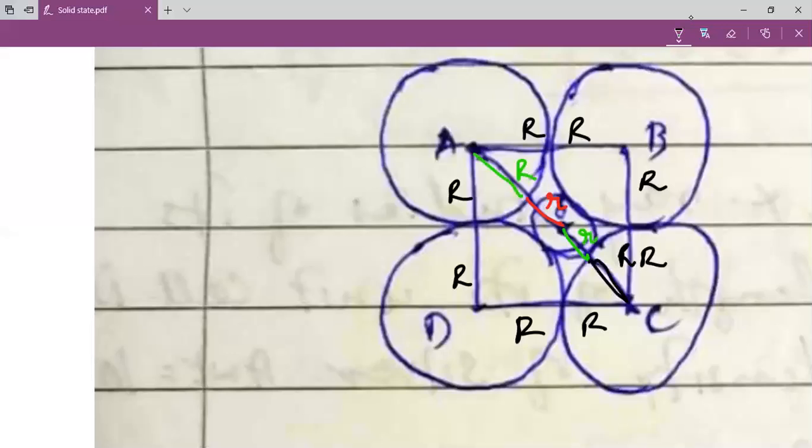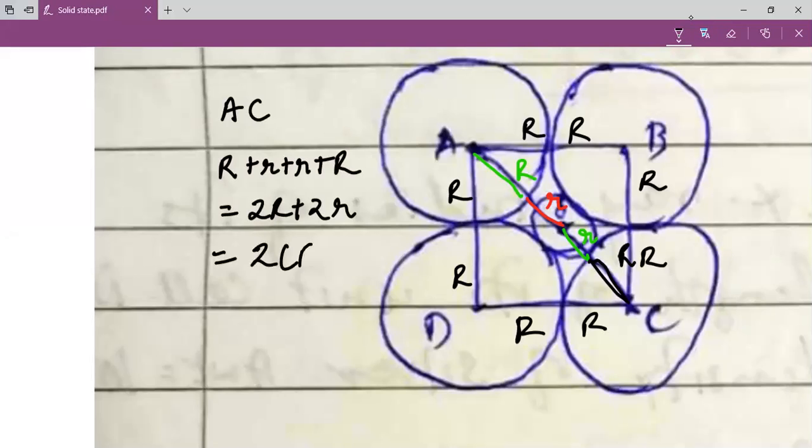So now you can easily understand that your distance AC is capital R plus small r plus small r plus capital R. That is 2 capital R plus 2 small r, that is 2 into the bracket capital R plus small r. This is the distance AC.